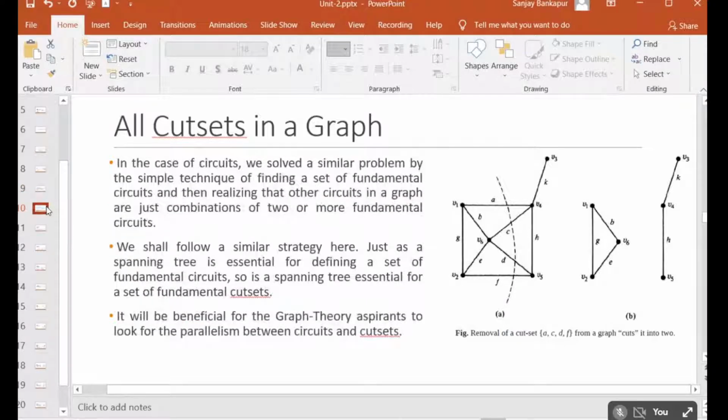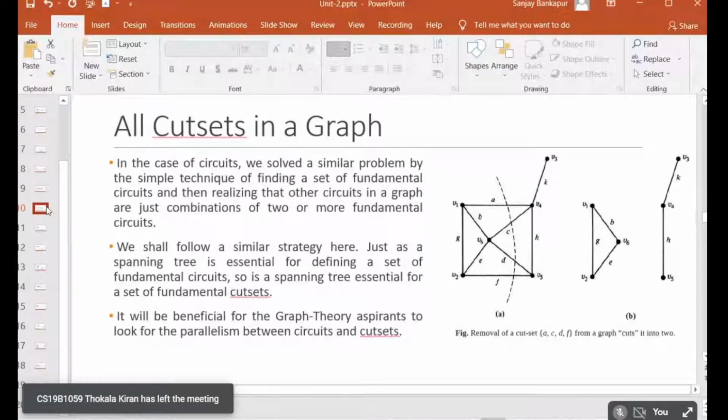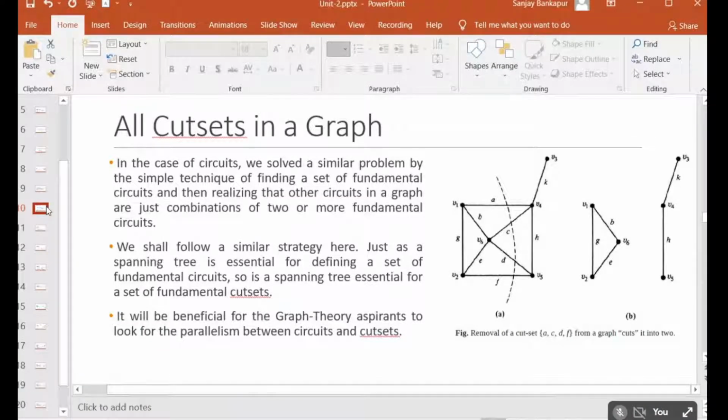Before that, probably we need to understand something called a fundamental cut set. We did discuss something related to fundamental in trees, especially spanning trees, right? So we'll go back there if needed. Right now we'll proceed with this.